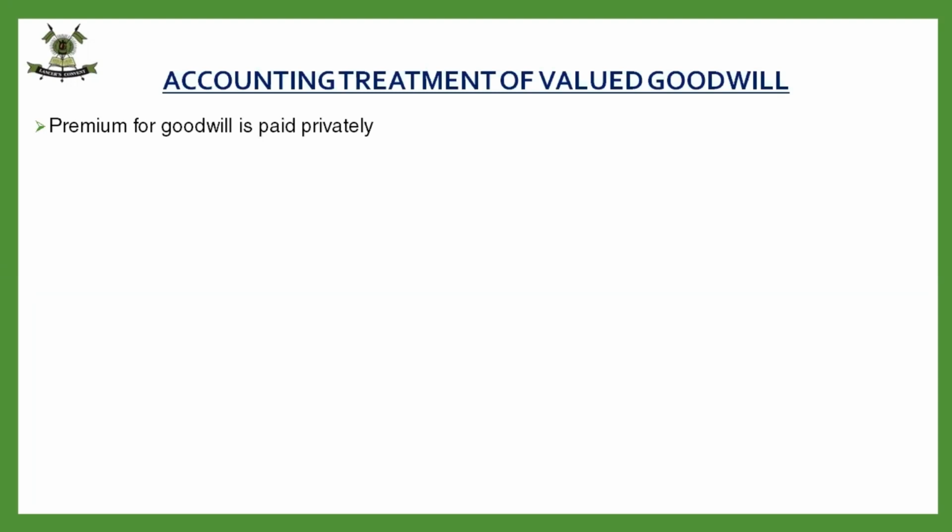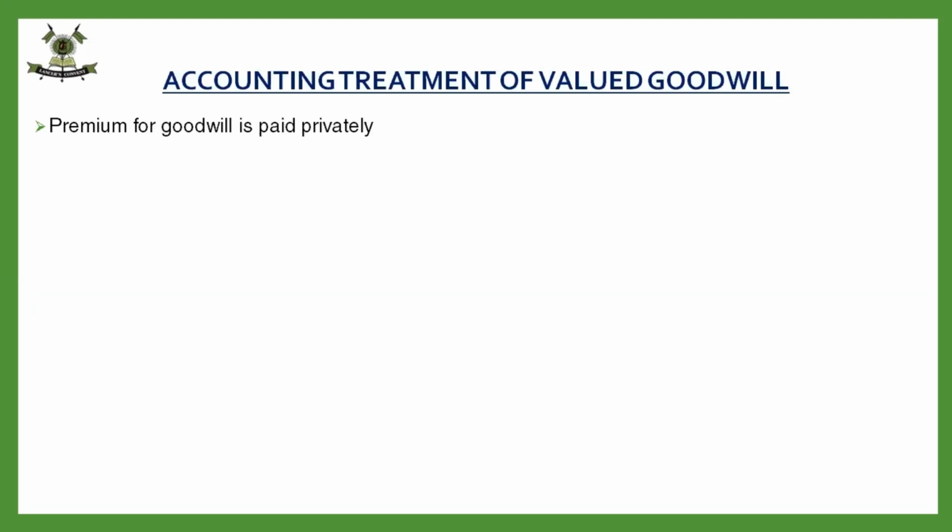It is being paid separately to A and B. So if premium is paid privately, not through the books of the firm, we are not going to pass any entry, because in case of sole proprietorship and partnership, business and owner are basically the same. If I'm paying it through the books of the firm, that is going to go to A and B. If I am paying it to A and B separately, not through the firm, then also it is going to go to A and B.